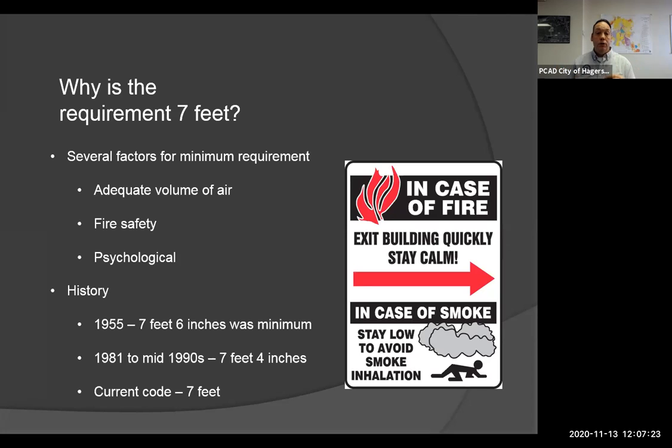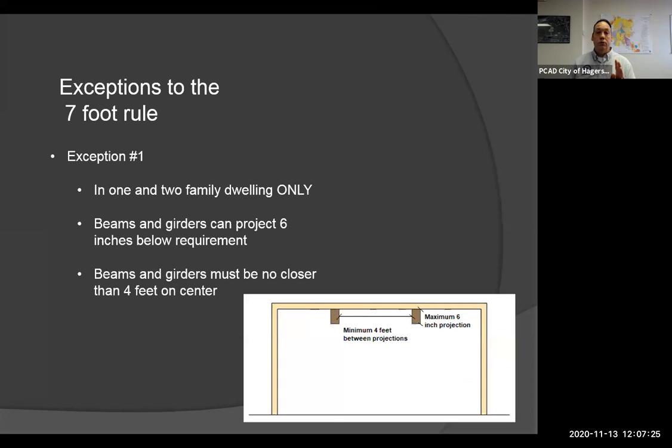Now, early on, I mentioned that there are 4 exceptions to that 7-foot ceiling rule. And we're going to take a little bit of time to go through those 4 exceptions in the Property Maintenance Code. So let's talk about the first exception. This exception applies to 1 and 2 family dwellings.